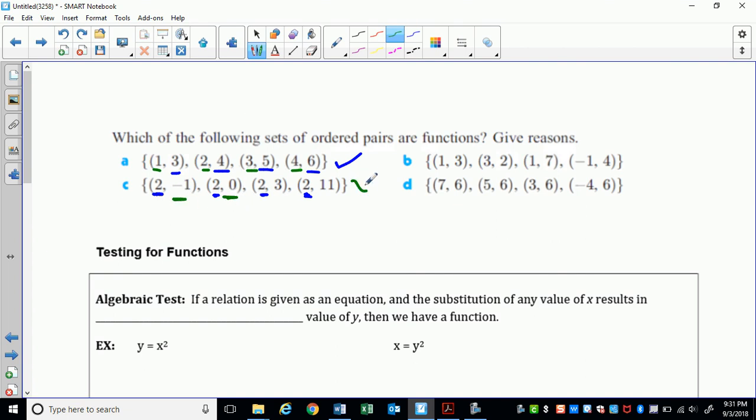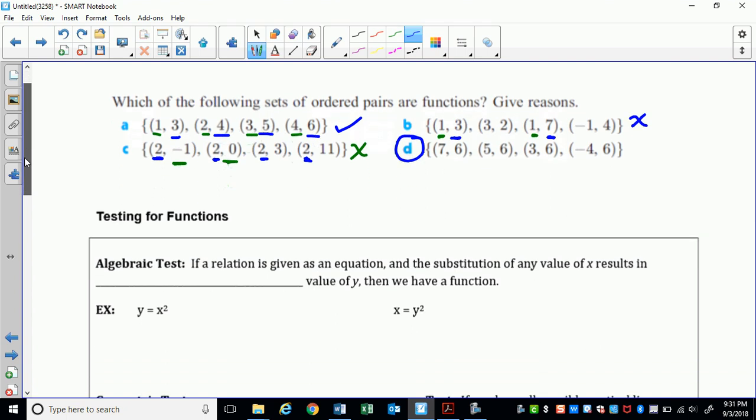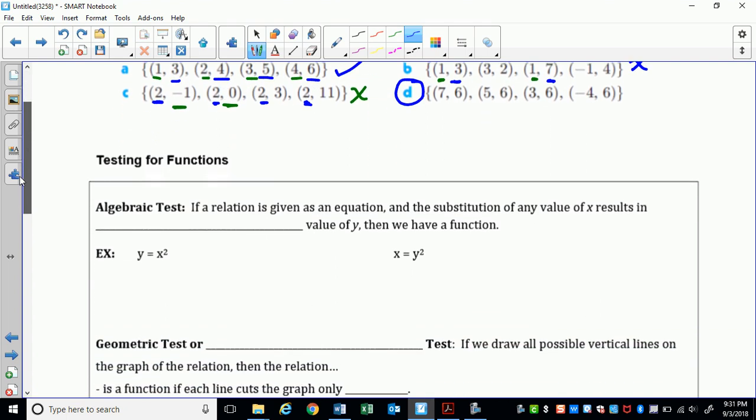This means that this is not a function. Let's try this one. Do you guys see that I have the same x value, but my y values are different? That means this is not a function. I want you guys to try D. I'm going to check it next class and make sure that you did D.